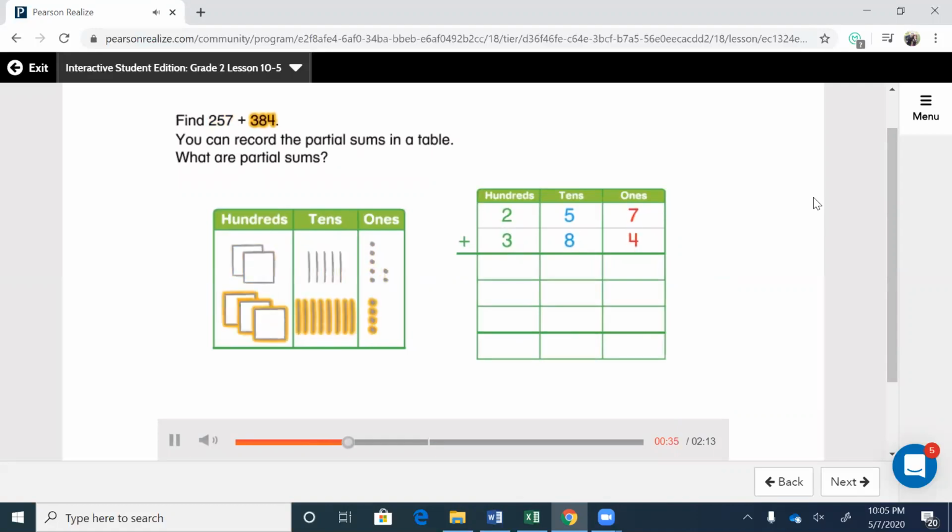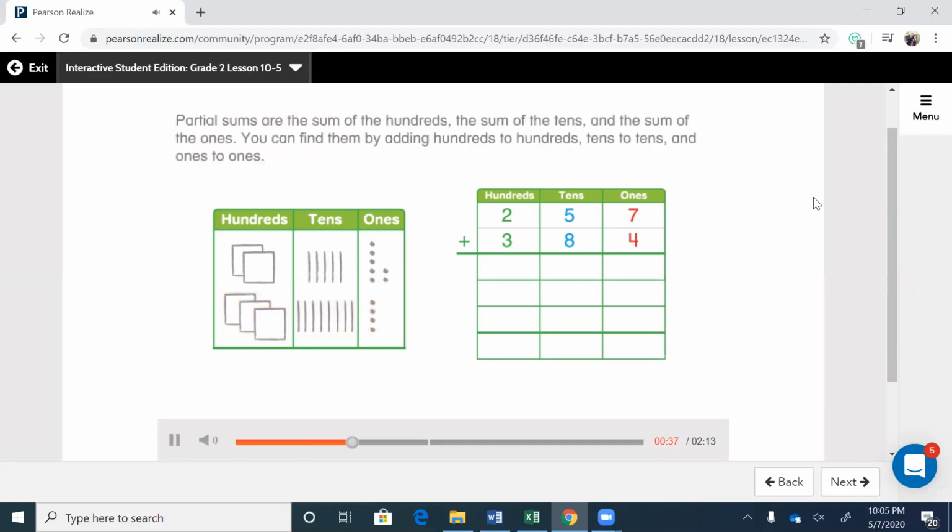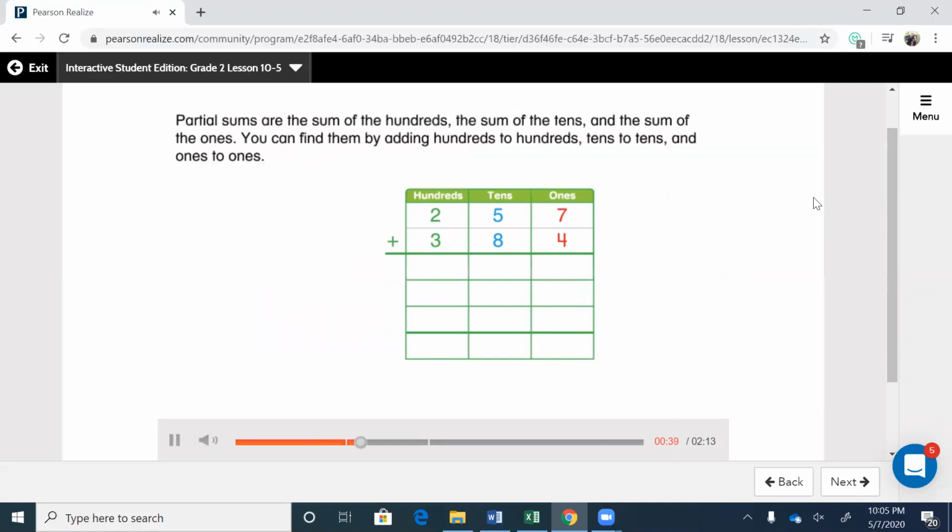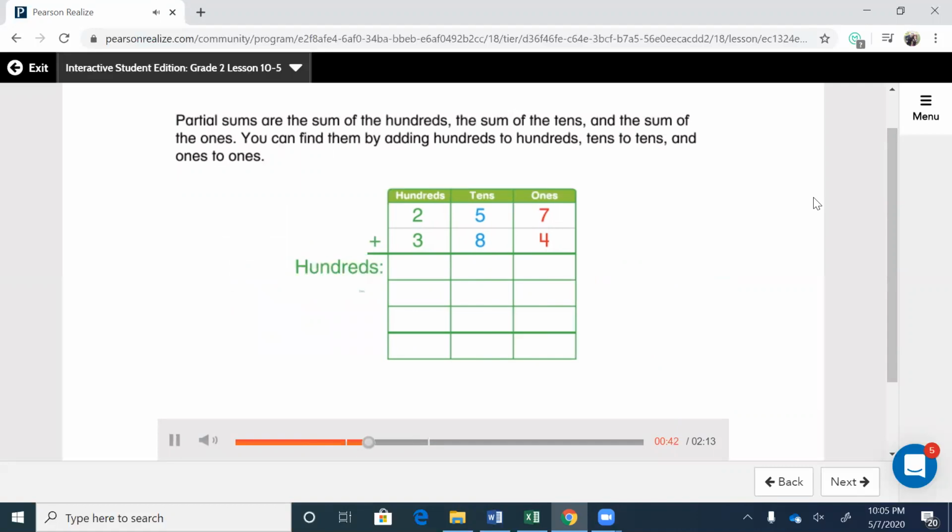What are partial sums? Partial sums are the sum of the hundreds, the sum of the tens, and the sum of the ones. You can find them by adding hundreds to hundreds, tens to tens, and ones to ones.